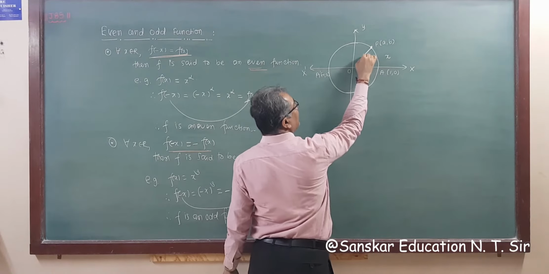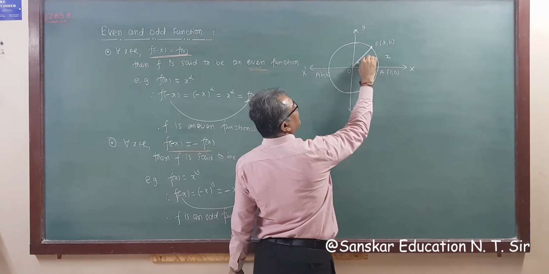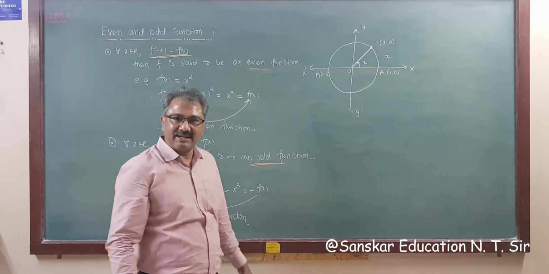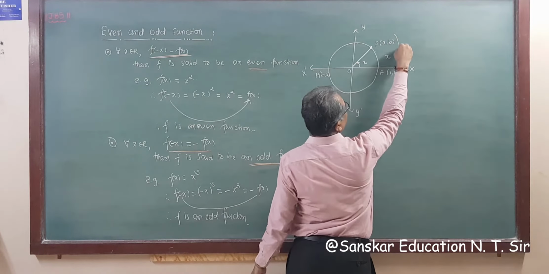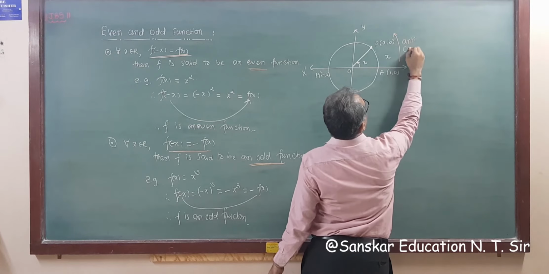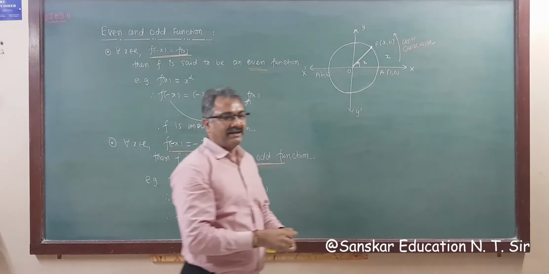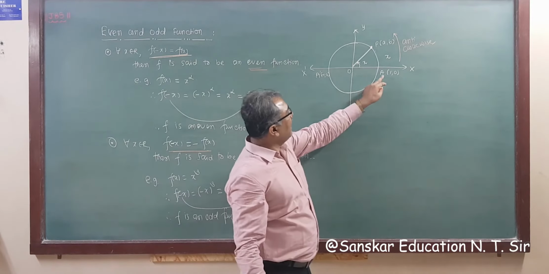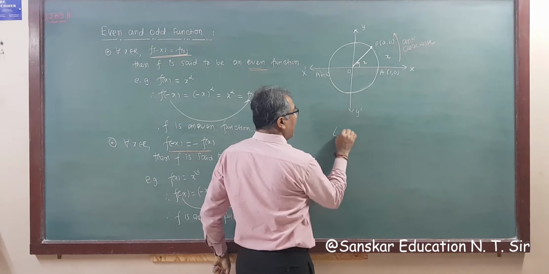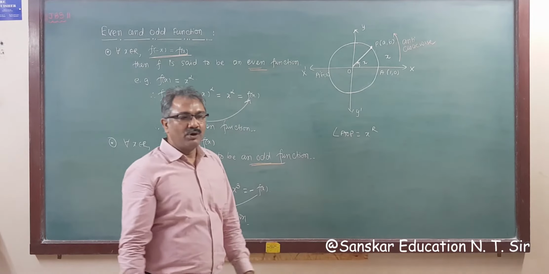That means angle AOP is x, and we are moving in the anti-clockwise direction. So angle AOP is equal to x radian.